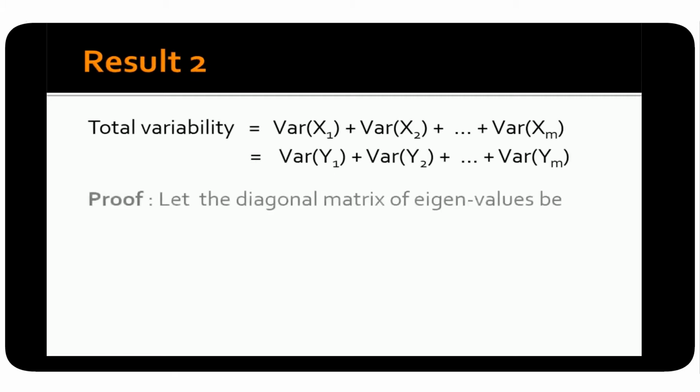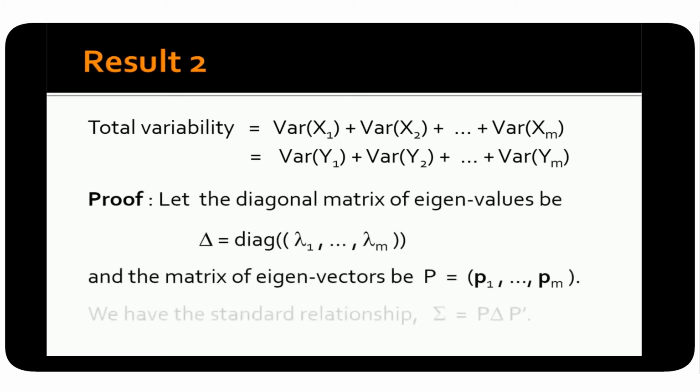Now, let us move to the second result. We have already stated that the total variability of the x's is equal to the total variability of the y's. How do you prove this? Let delta be the diagonal matrix consisting of lambda 1, lambda 2, up to lambda m, so these are the eigenvalues on the diagonal, and let capital P be the matrix of eigenvectors p1, p2, up to pm.